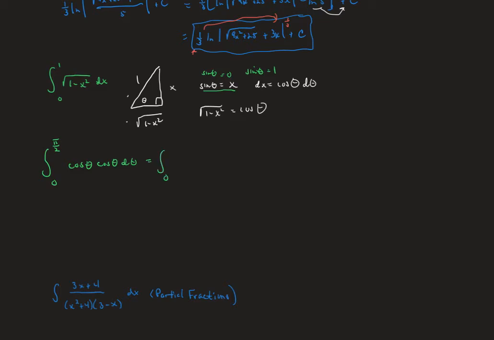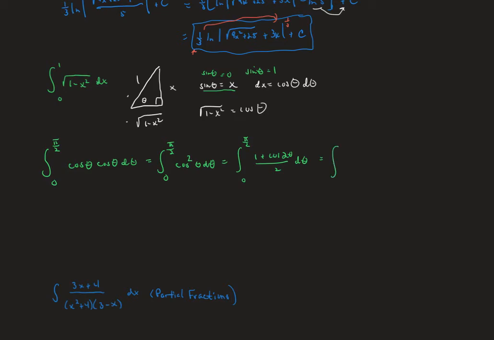So we get an integral that's a little bit challenging, cosine squared theta d theta. So this is actually going to require us to do a power reducing formula. Oh boy, let's see. The power reducing formula says that we can make that 1 plus cosine of 2 theta over 2 d theta.